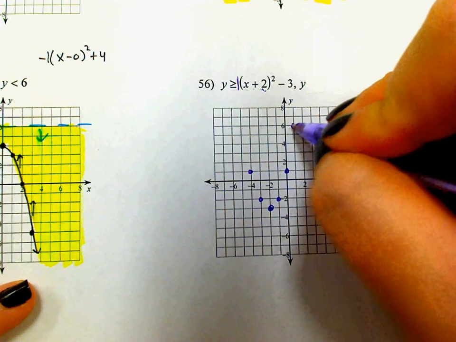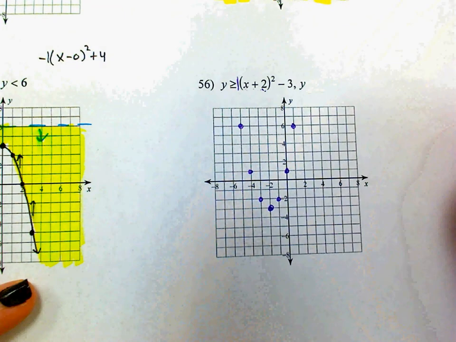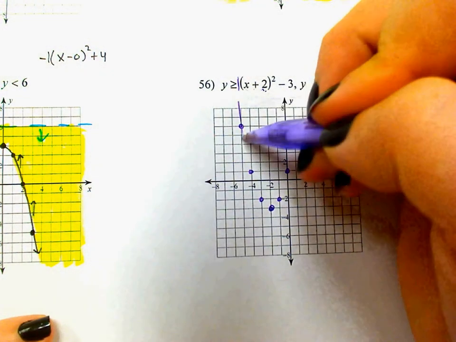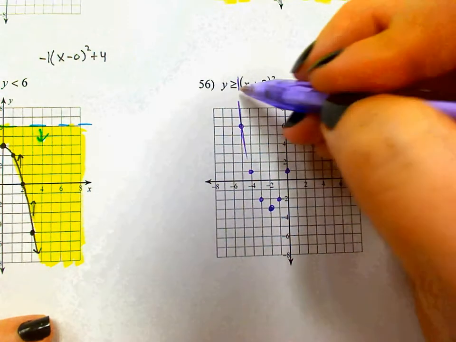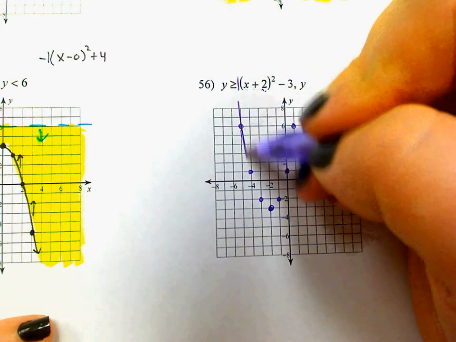It says greater than, so it is a solid line or solid curve. And it says greater than, so I'm going to draw arrows going up. Okay.